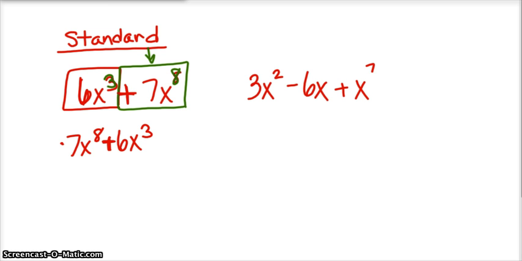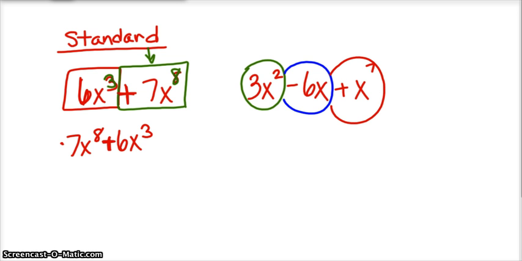There are 3 terms. This is a trinomial. I have a term here, a term here, and a term here. It is made up of 3 distinct pieces. Which one of those pieces has the highest exponent? It comes first. Notice it's a positive 7, or it's a positive 1x, so 7x to the 7th is coming first.